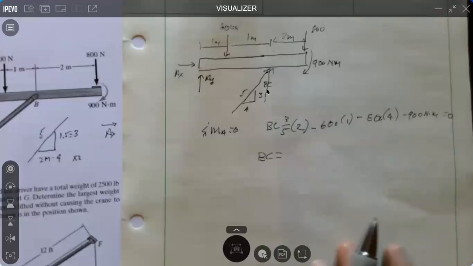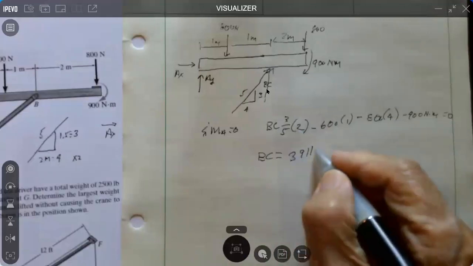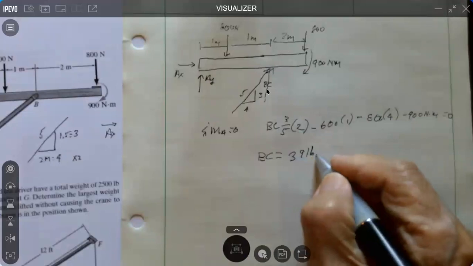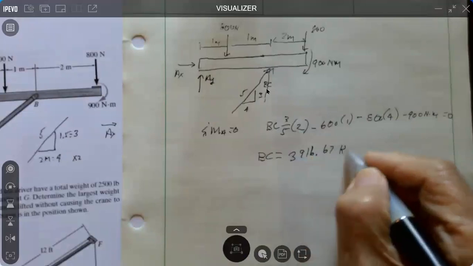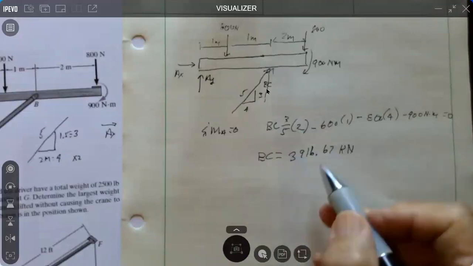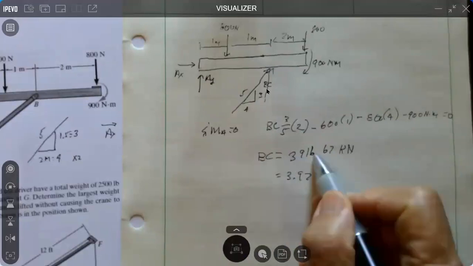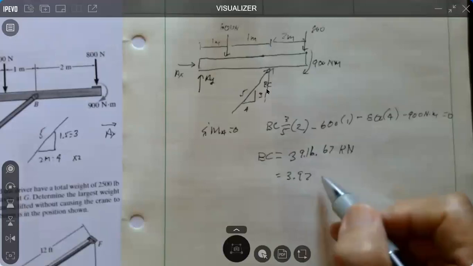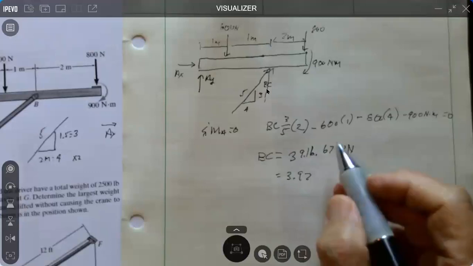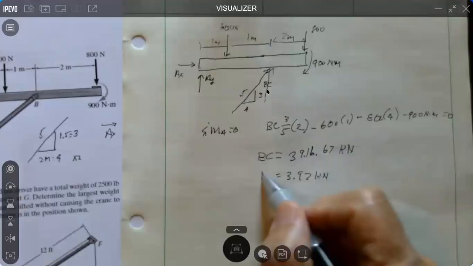And so BC, I want you to do the calculations, runs out to 3,916.67 kilonewtons. We want to write this with 3 significant figures, so this will be 3.92, moving the decimal out there, kilonewtons. So this is BC.